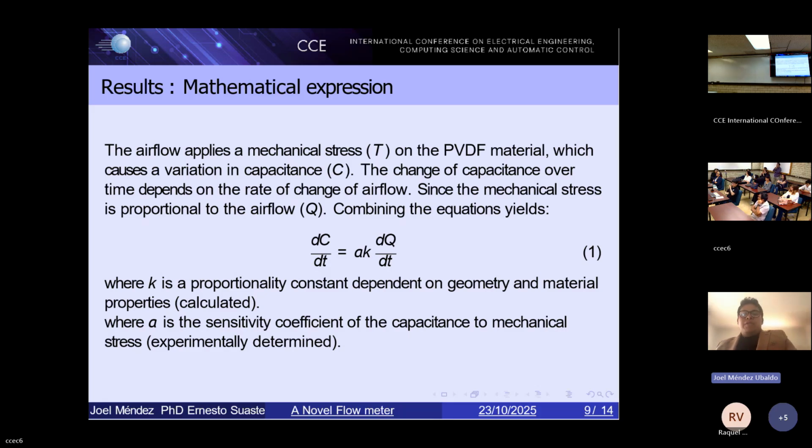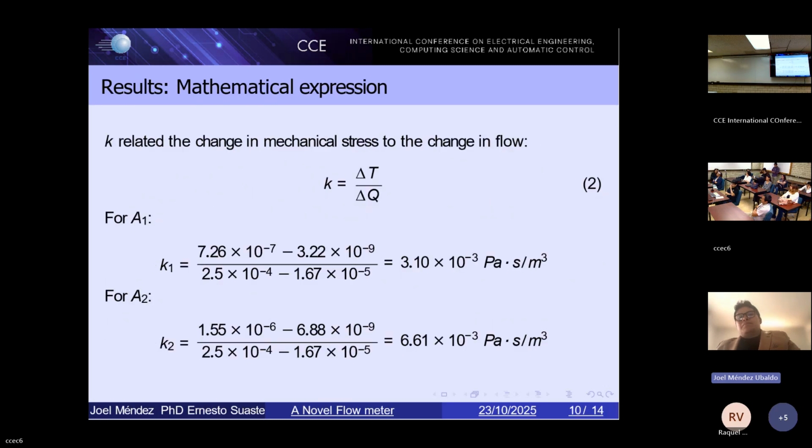If you combine these ideas, you obtain the differential equation number 1, where you can see the variation of capacitance is proportional to the variation of airflow, where K is a constant. This constant depends only on geometry and material properties, and alpha is the sensitivity coefficient of the capacitance to mechanical stress. This parameter is experimentally determined. The next, please.